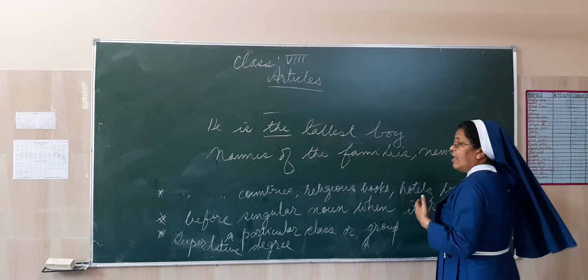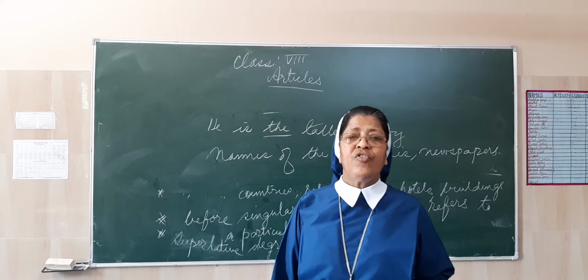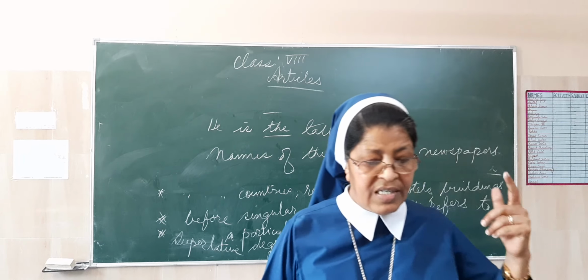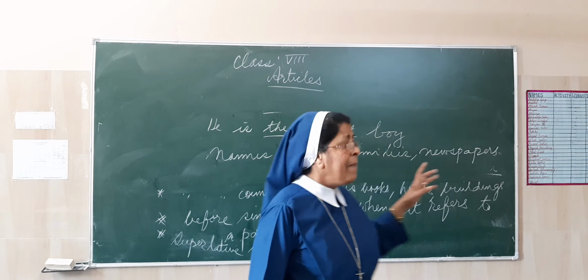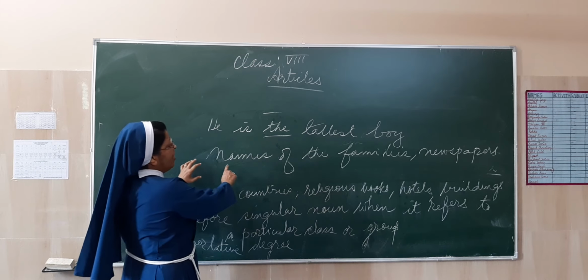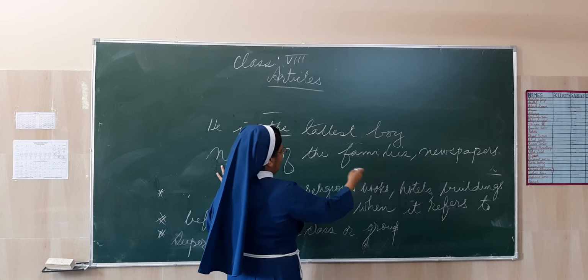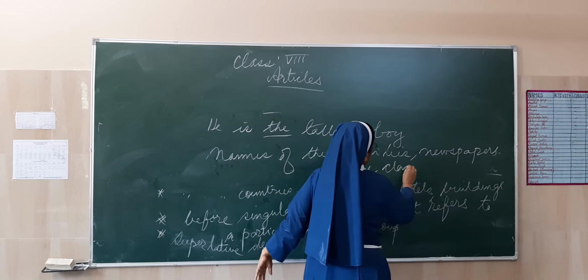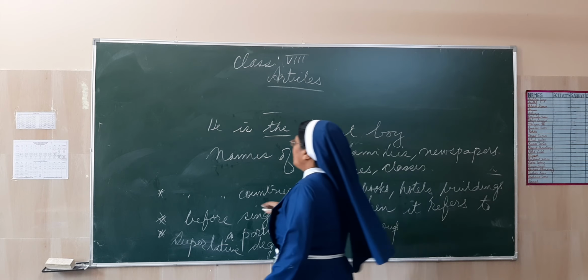For example, you say the Times of India, the Hindustan Times, the Tribune. This is how we use the article the. Keep in mind that we use the article the in front of families, newspapers, races, classes. This is how we have to remember.